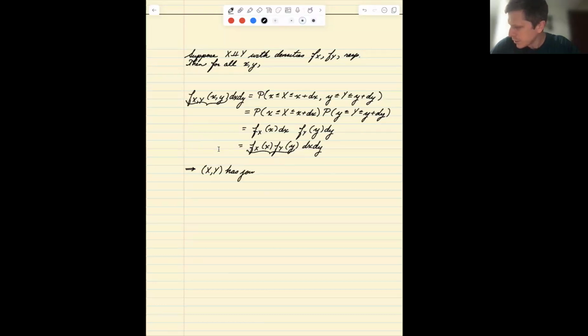So X and Y has the joint density given by the product of the marginal densities.